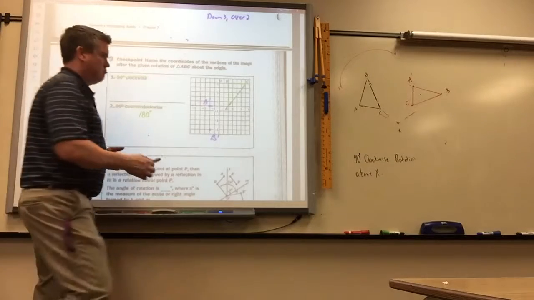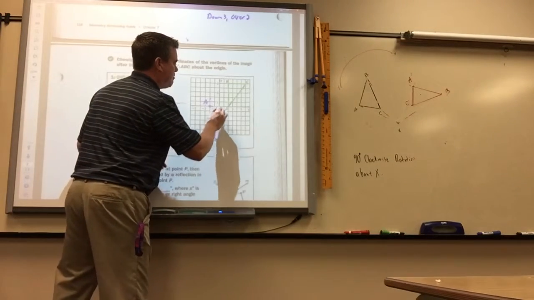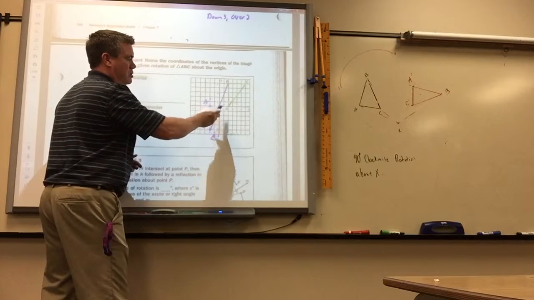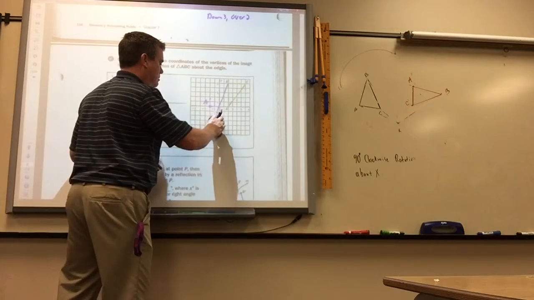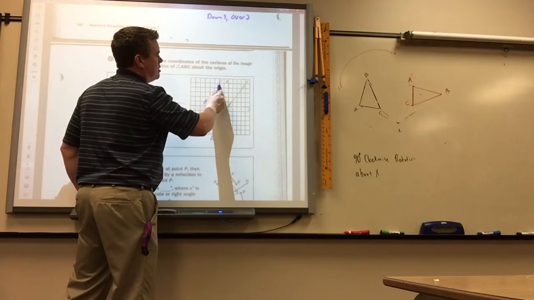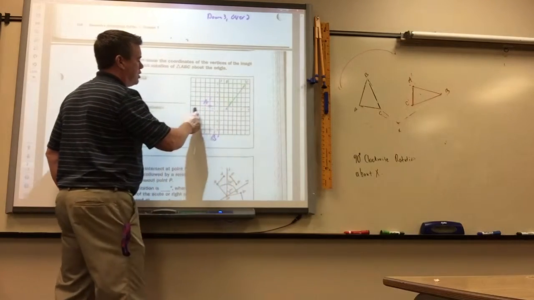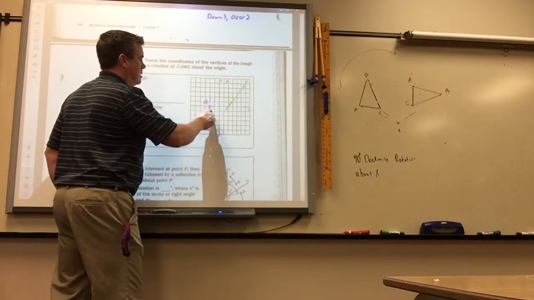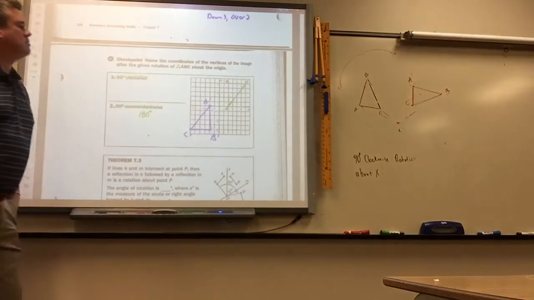So you just double it pretty much? Yep, because if I connect it, it forms a straight line through the origin. And then C is over 6 and down 5, so you go over 6 and down 5. So really, you could just use a straight edge. Yes, you could.